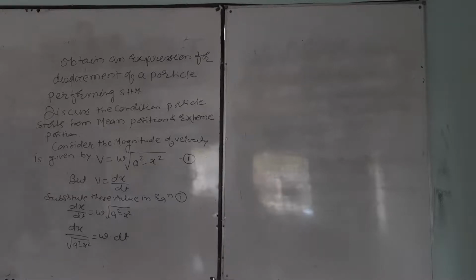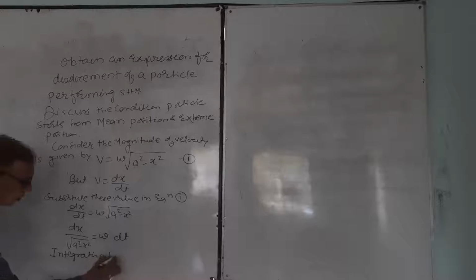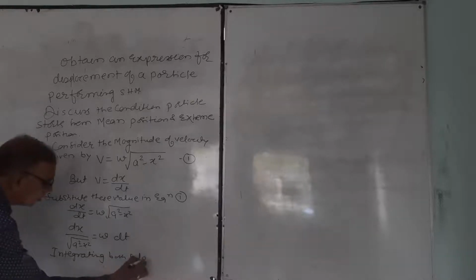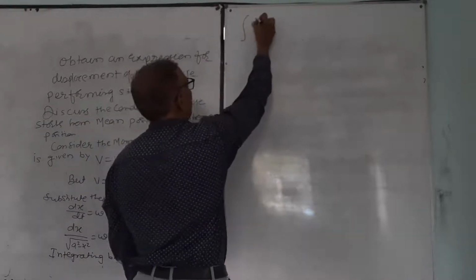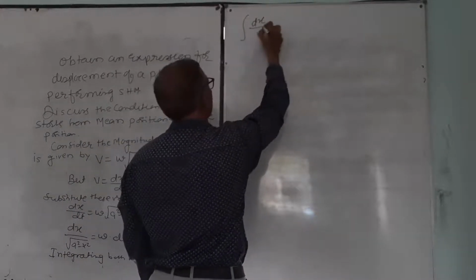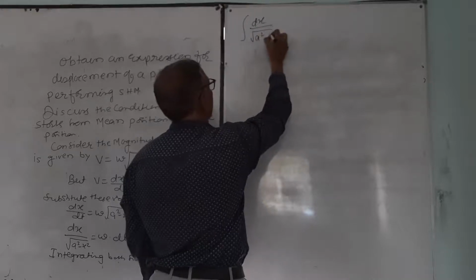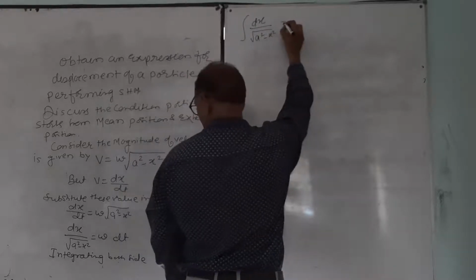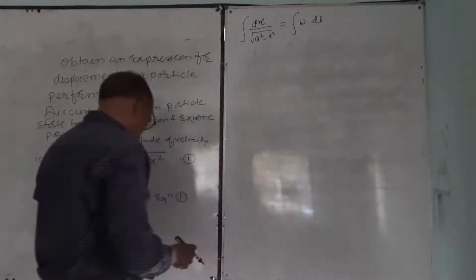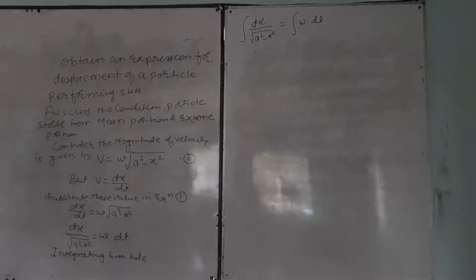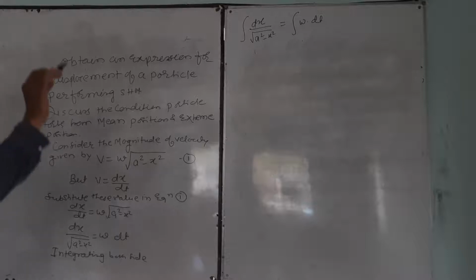Then integrating both sides, integration of dx upon square root of a square minus x square is equal to integration of omega into dt. You have to solve this integration.